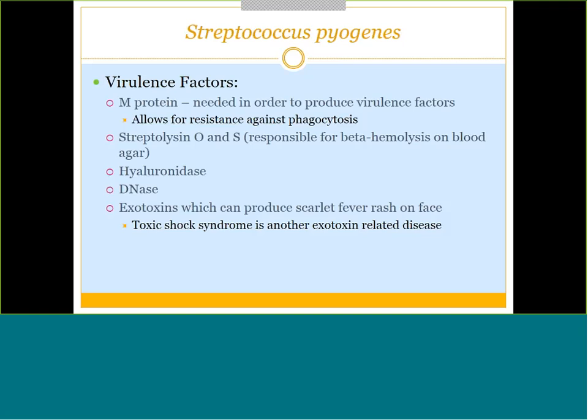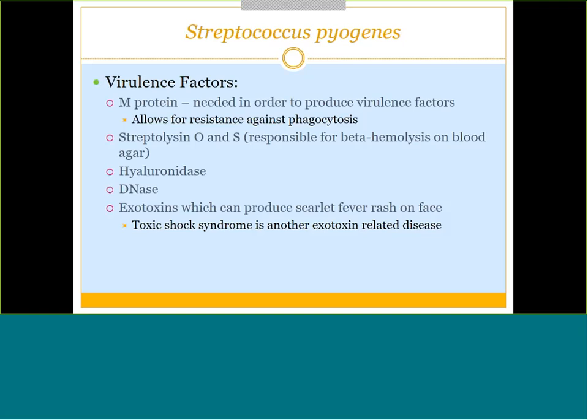And so as a result, we have created a test where we're monitoring and measuring the level of antibodies that patient has. If they have a high amount of antibodies against Streptolysin O, that's a sign that they just had a Strep pyogenes infection, because the only time you really have a high amount of antibodies against Streptolysin O is if you've been exposed to Strep pyogenes. So the ASO titer is a really good one to detect recent infection with Strep pyogenes. So it should be a high level there to detect that.